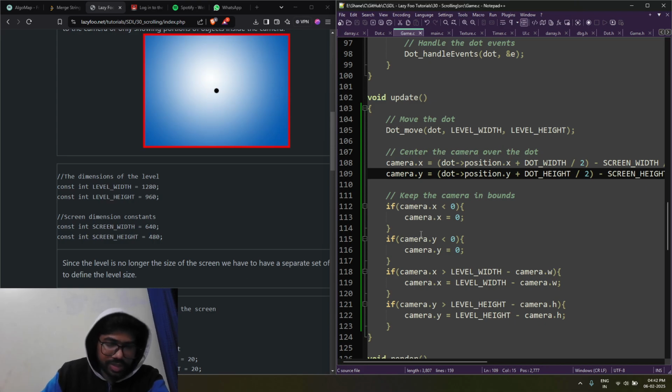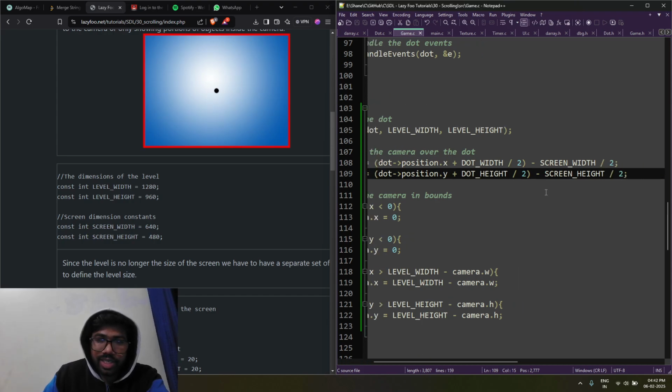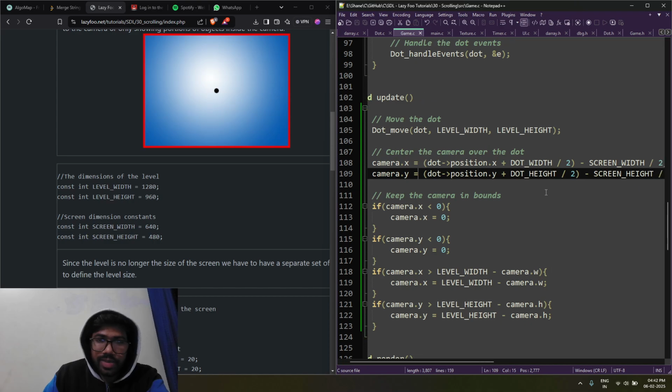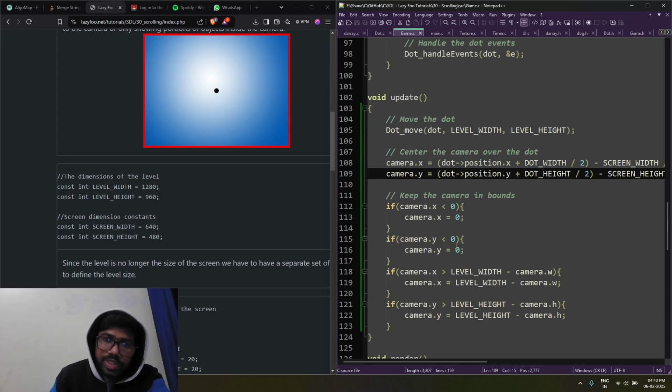Okay, we have dot position, so dot position plus dot width by 2 minus screen width by 2, screen width by 2 and dot width by 2.